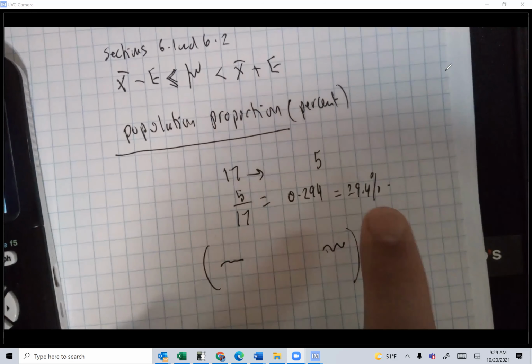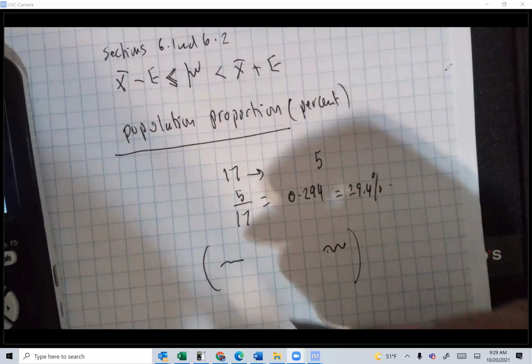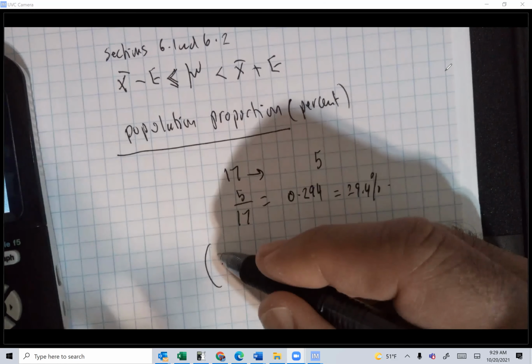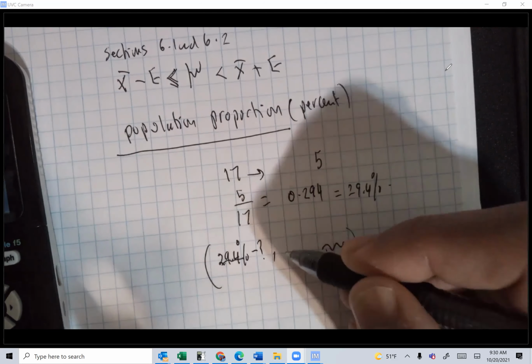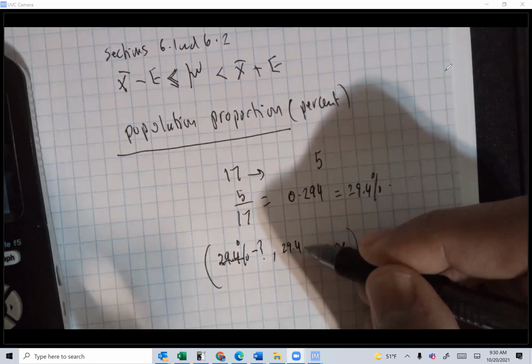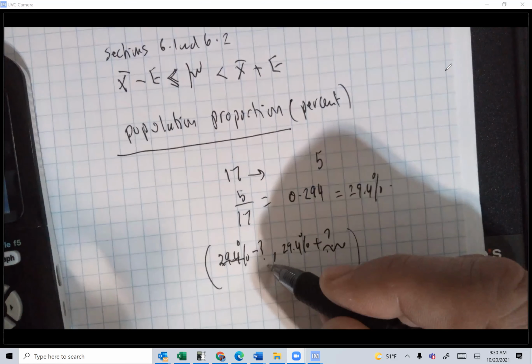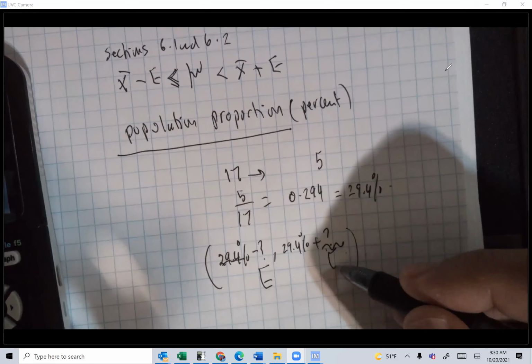Those are all the possibilities. So the interval will be 29.4% minus something and 29.4% plus something. And that something, guys, is called the margin of error E.